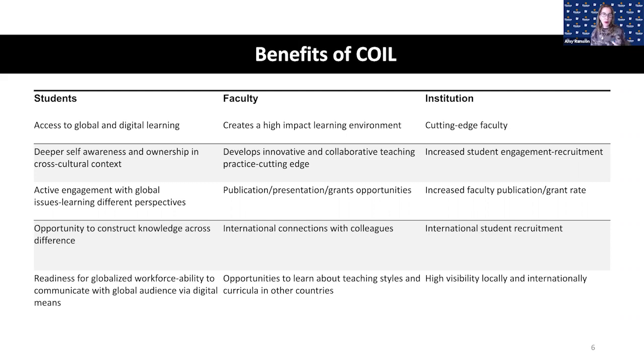They get global citizenship, global learning, global issues. And that's really what's nice about COIL, it's not really necessarily about the subject matter. It's looking at a subject matter from different perspectives. They also have access to digital learning. They're able to construct knowledge across differences.